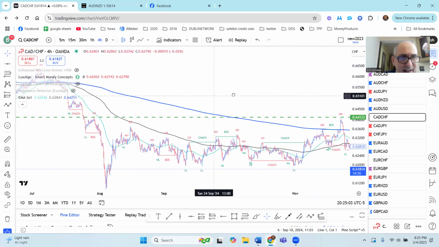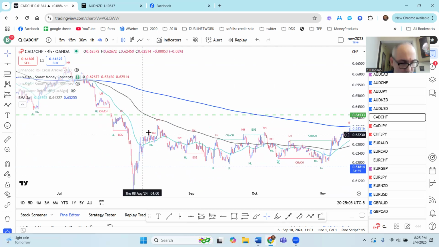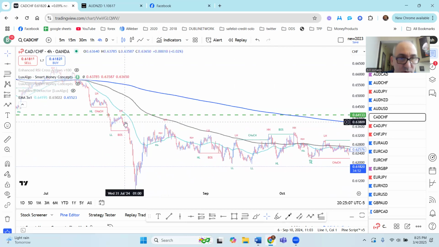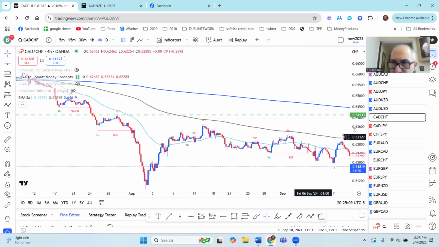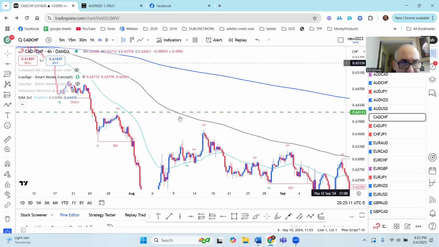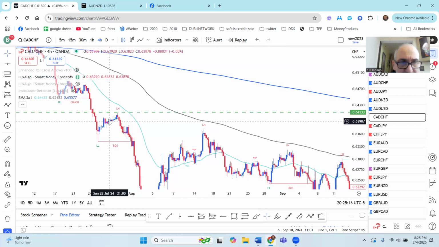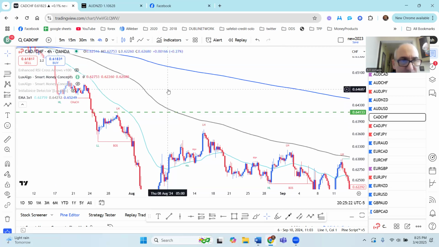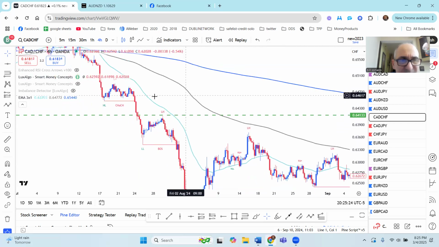Now, as of right now, if we were to look, we see that right here, there's really no valid supply zone. The supply zone is really higher up here. You can see all this imbalance here, all this imbalance, right?